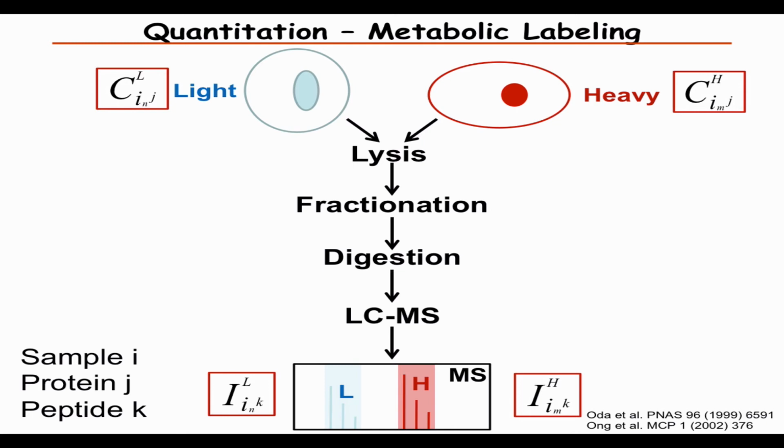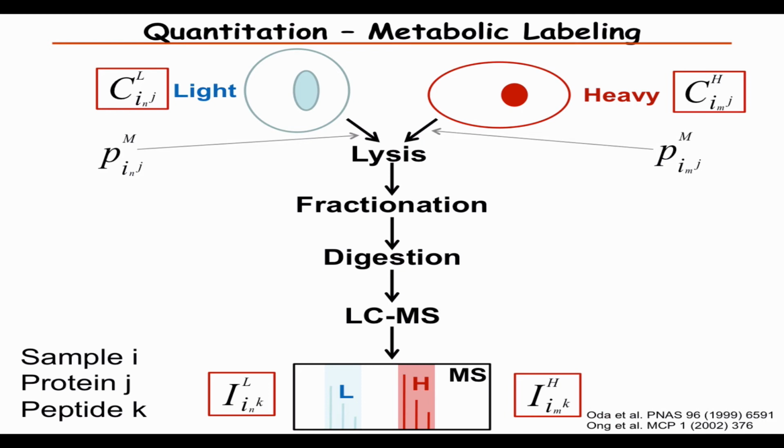So then now the nice thing is you mix it together, and provided that the heavy amino acids don't affect the cell culture, which they probably do a little bit, but hopefully one can ignore that, then all the other steps, everything is together so that they should behave the same way. So now usually if one compares the metabolic labeling with the label-free, one gets a much better reproducibility.